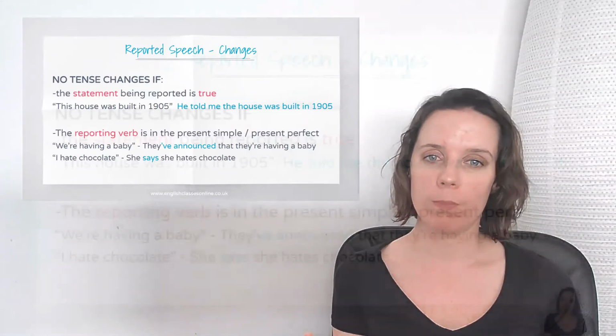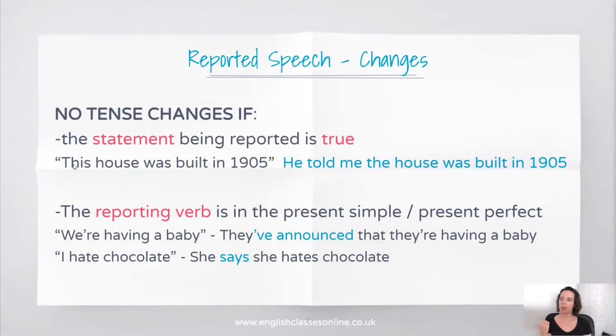For example, in direct speech, if someone says, "This house was built in 1905," that is a fact. It's a true statement. So when you're reporting, you can say, "He told me the house was built in 1905." So you do not change these verbs. Was built, was built. It stays the same.